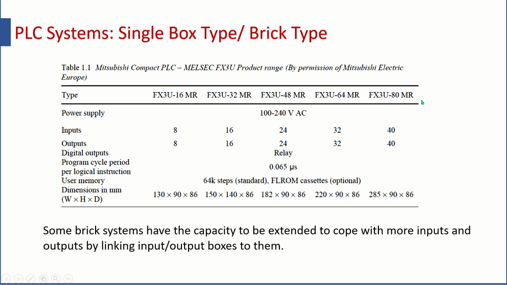So it does not mean that these compact PLCs, single box type or brick type PLCs, should necessarily be small in size. They can be large in size, they can have more inputs and outputs, but it is not modular. You cannot expand it through some expansion module. Therefore we call it single box type or brick type.